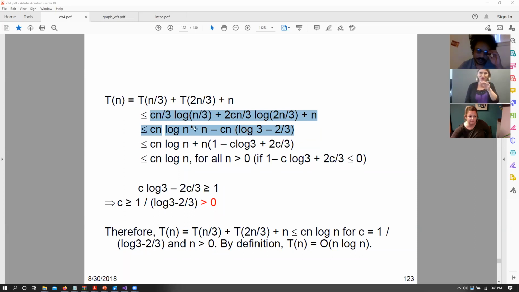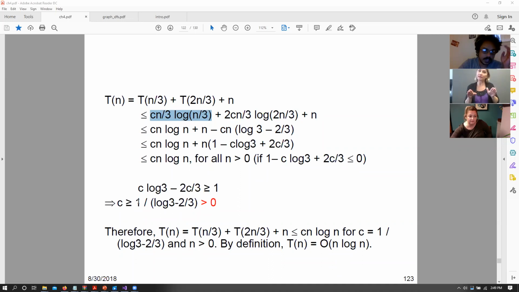So as Kavyashri says, we have the first part of our equation, that is Cn/3 log n, so Cn log n minus Cn log 3, all of those divided by 3. For the second part, we have 2Cn/3 log 2n minus 2Cn/3 log 3, because we are dividing.